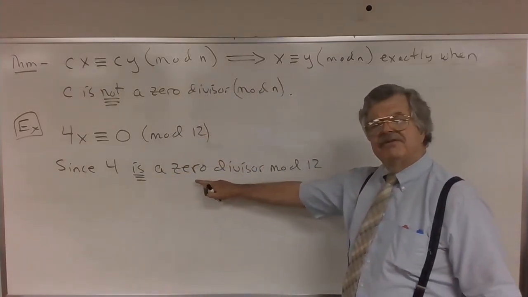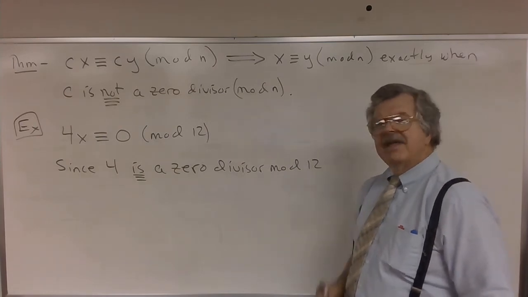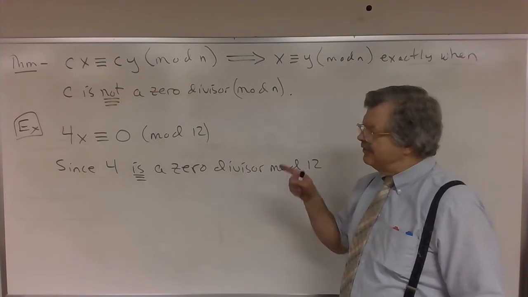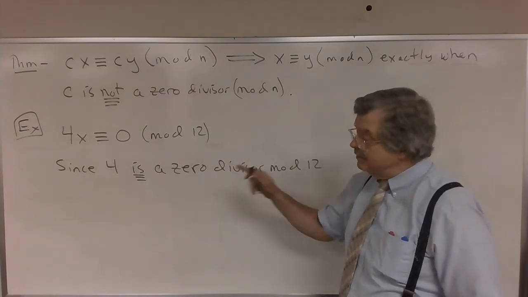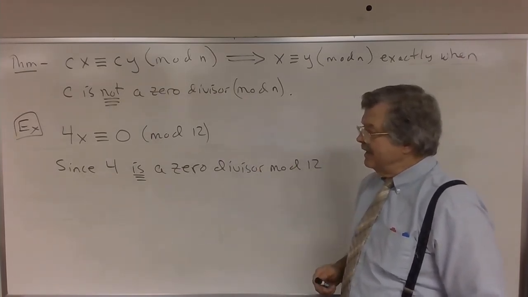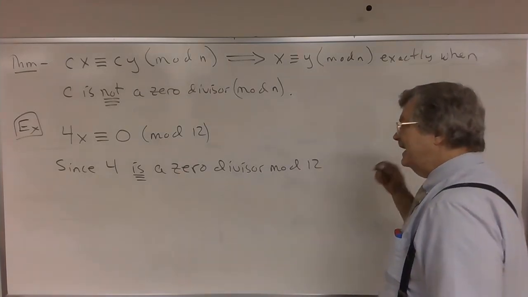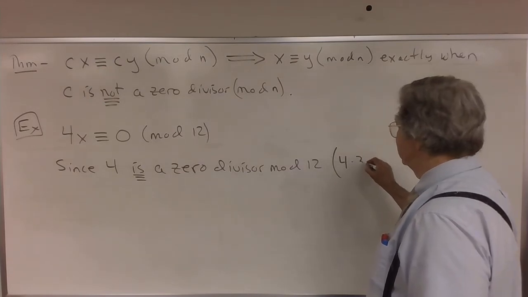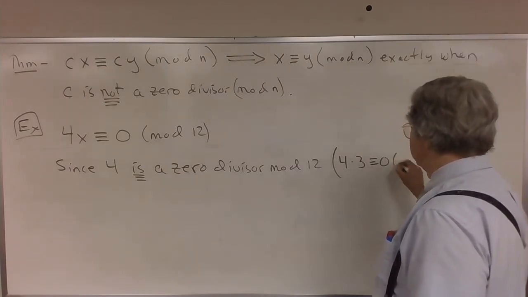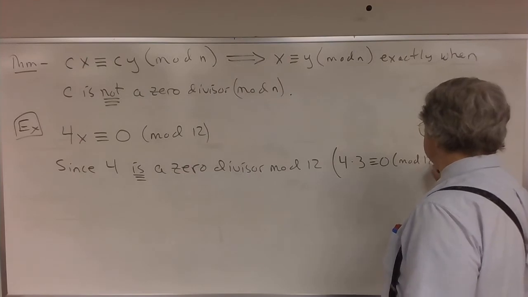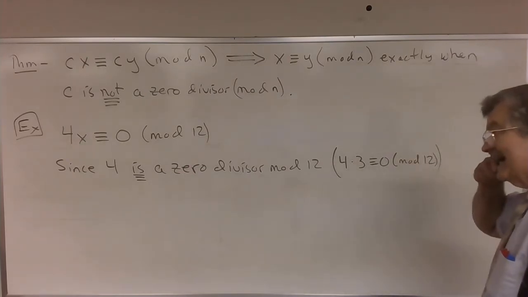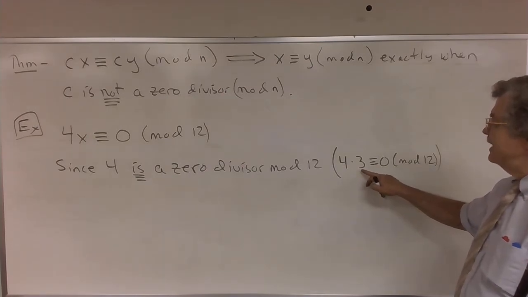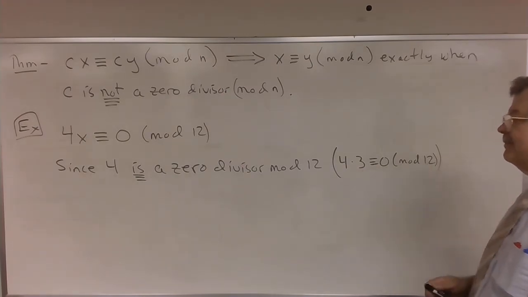Let's see, is 4 a zero divisor mod 12? Is there some other number that's not congruent to 0 mod 12 that we can multiply 4 by and get 0? Yeah. 3 is a zero divisor mod 12.